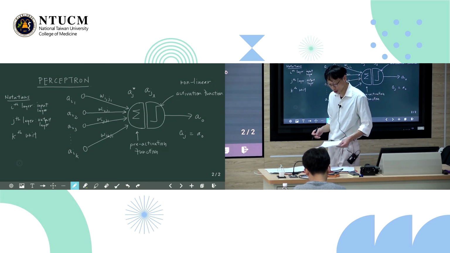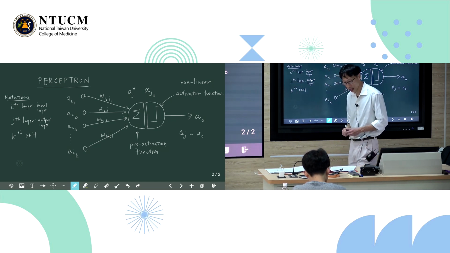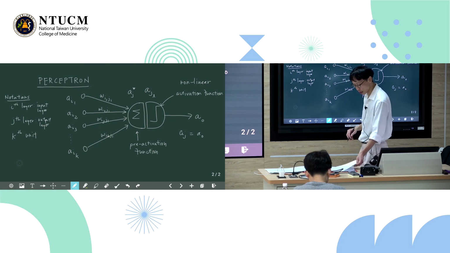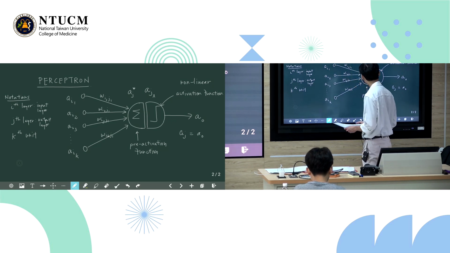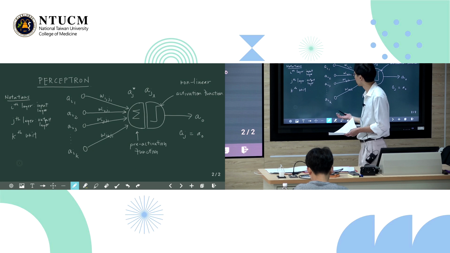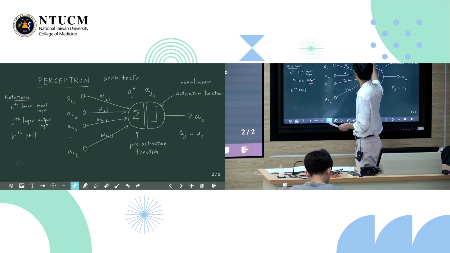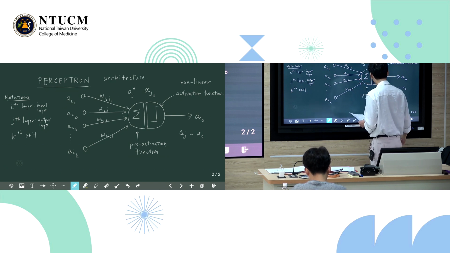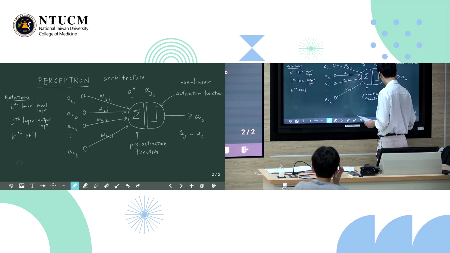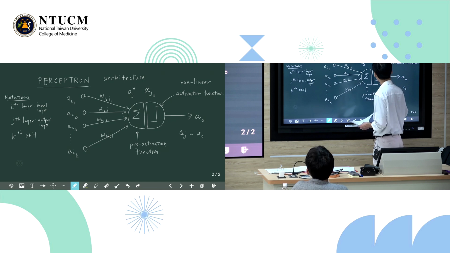All right, so this is a perceptron. And this is the proposed general architecture. In this case, the activation function that we are going to use today is the sine function, all right?